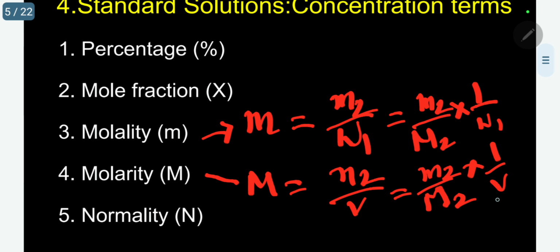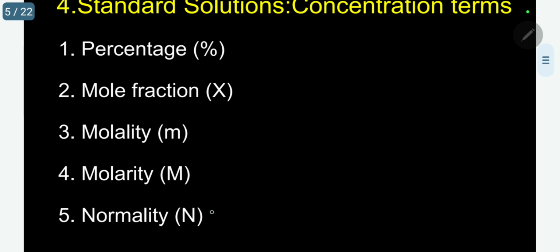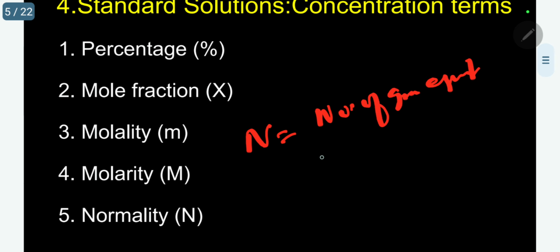Then, normality, that is N equal to the number of gram equivalents divided by the volume. What is the number of gram equivalents?